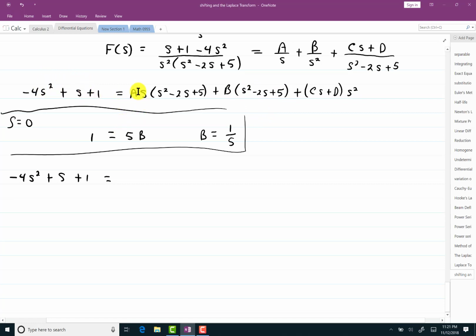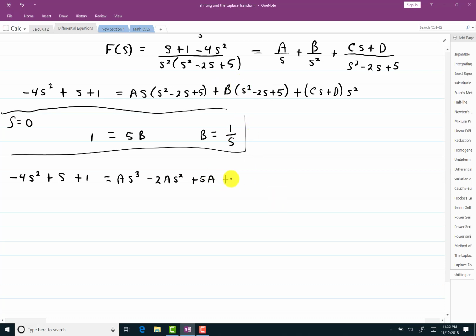So instead, let me go ahead and multiply everything out. I'll have an as cubed minus 2as squared plus 5a. And then for the b part, I already know that it's 1/5.